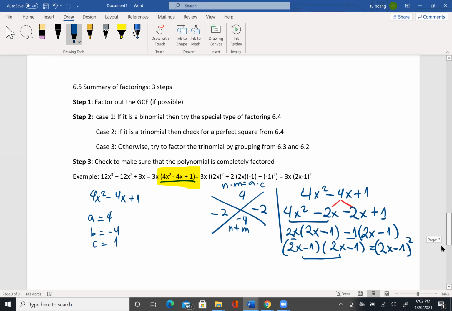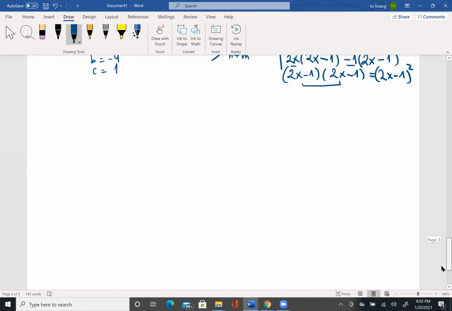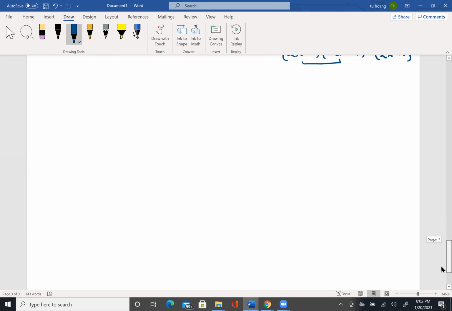So let's move down to the next page. And we're gonna do 6.6, which is solving equations by factoring.